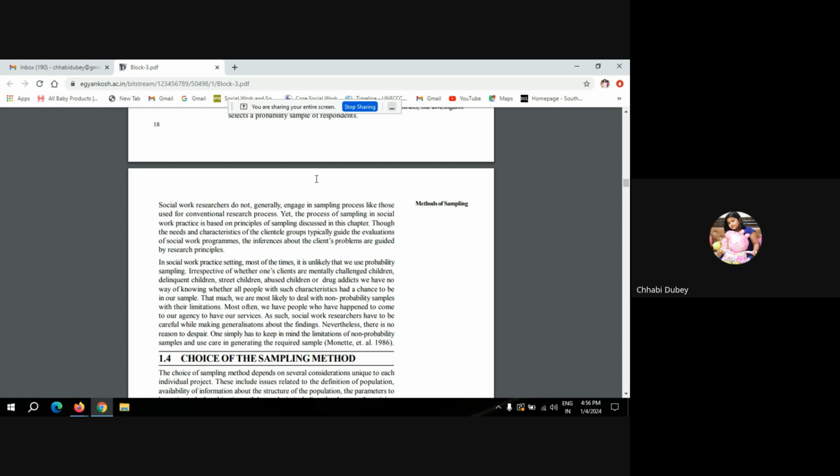There are several considerations on which the choice of the sampling method will depend. It will depend upon the type of population that we are dealing with, the objective of the study, the degree of precision required, and the availability of finances and other resources. So all of these are factors that we have to take into consideration when we think about the choice of the sampling method.